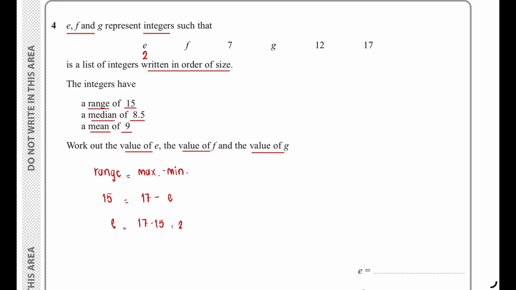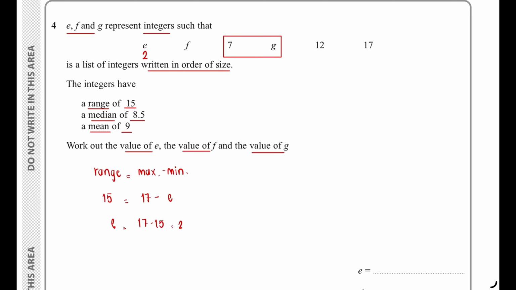So E equals 2. Then the median is the middle value. Median equals 8.5, I'm sorry. Right now the middle values are 7 and G.